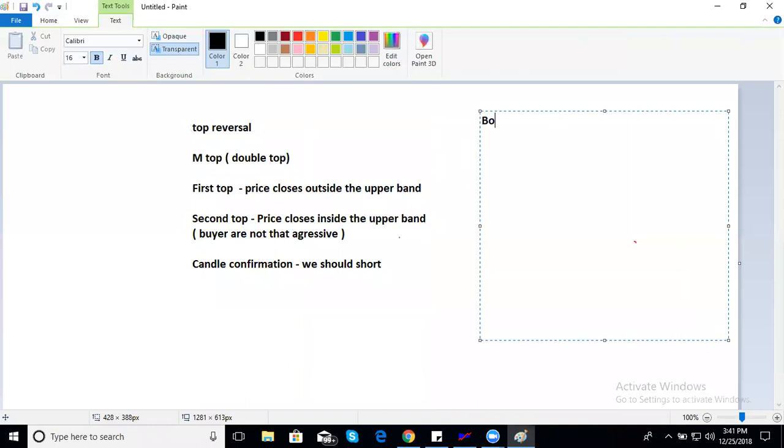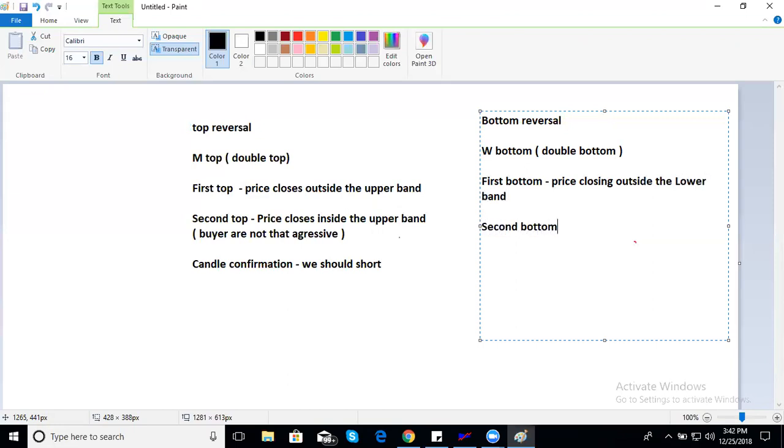Next one was bottom reversal. That means how will the bottom form in the market? It's called a double bottom, W or double bottom. How do you use this? First bottom, price closing outside the lower band this time.